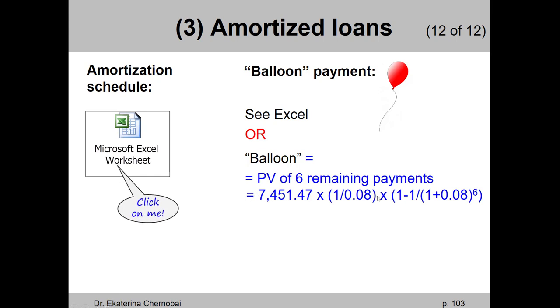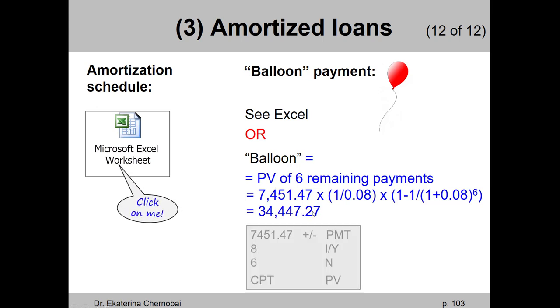How do we do this? You can use the formula to find the present value of an ordinary annuity with 6 payments at 8% interest rate, each payment being our total for each year. Or in the financial calculator, you are computing the present value, PV. You're using the PMT payment of almost $7,500, IY is 8%, and the number of payments is 6 remaining payments, compute PV.